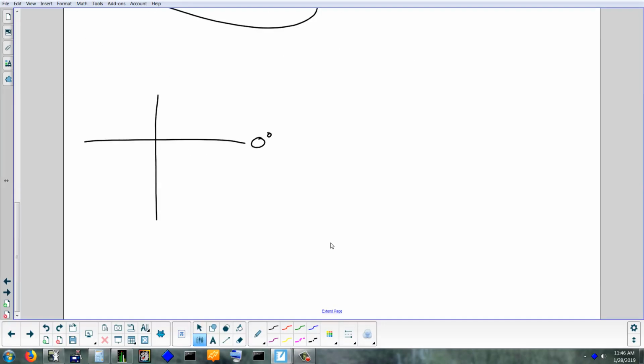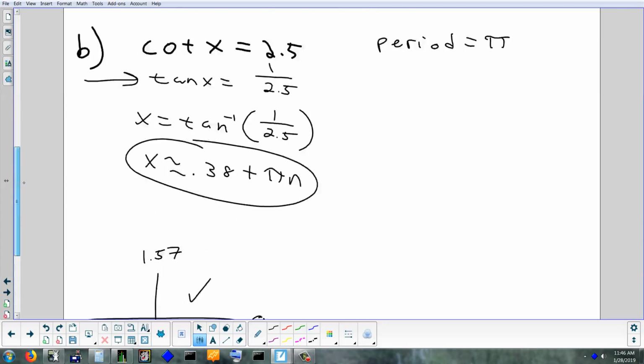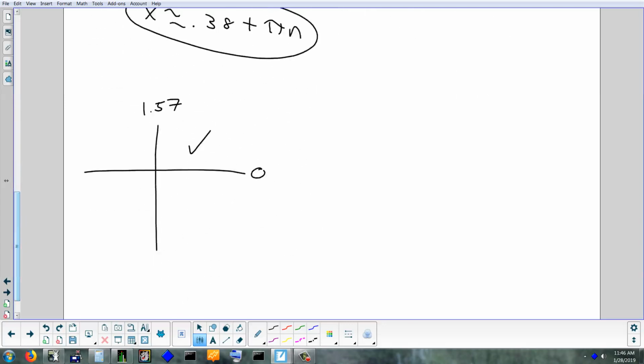First quadrant. 90, which is pi over 2. Well, pi divided by 2 is 1.57. Okay, so 0.38 is in quadrant 1. So we just got an answer there. We're looking for where the tangent is positive. Where else does that happen?